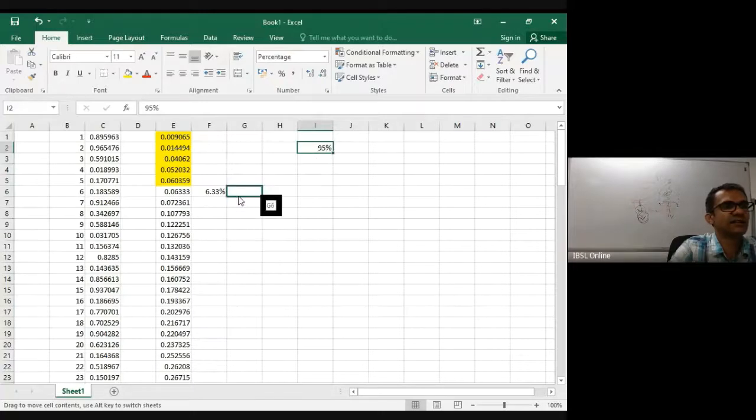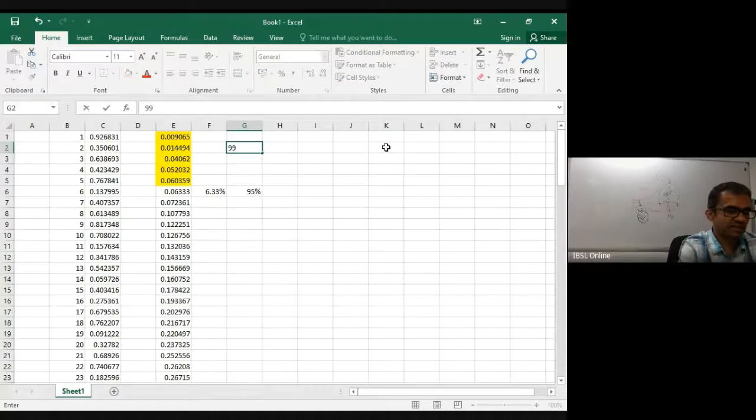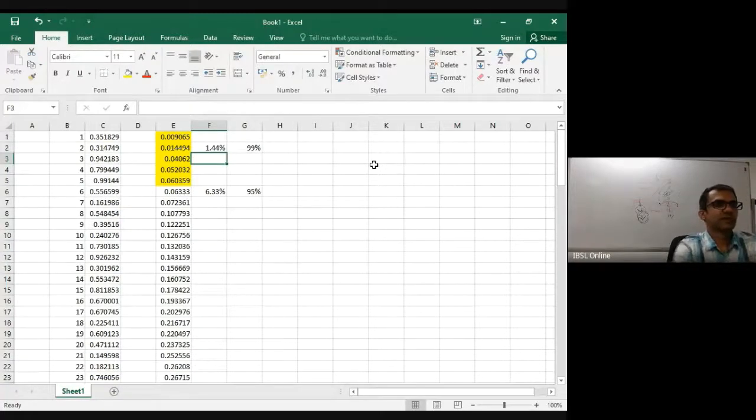This is the 99% confidence level figure, 1.2. If you need 90%, you have to omit 10 observations and get the level.